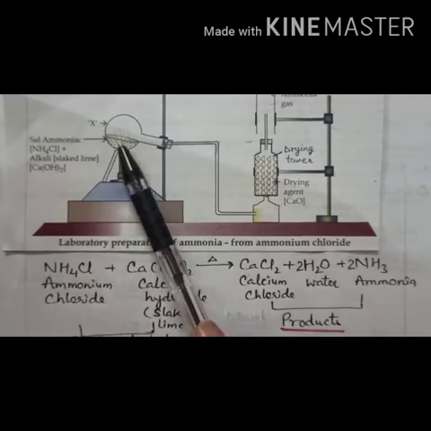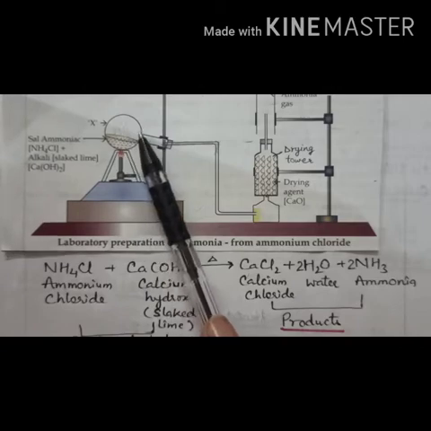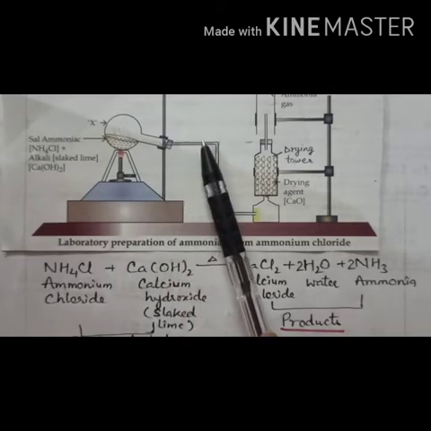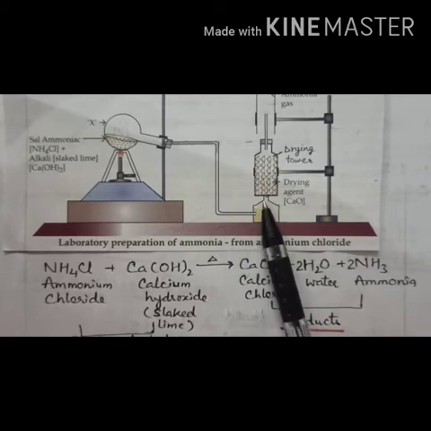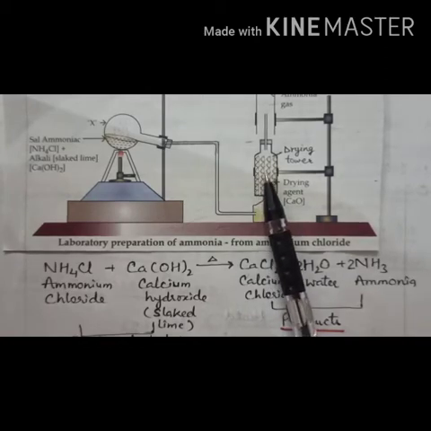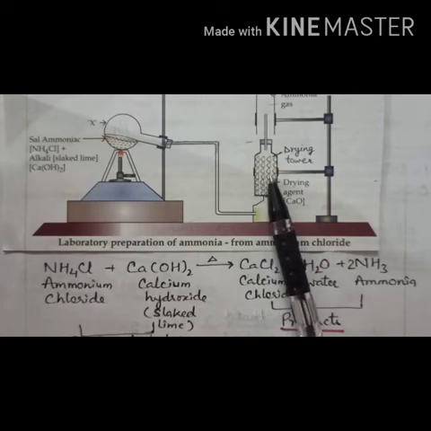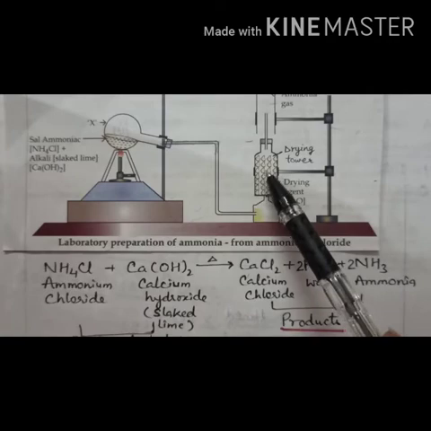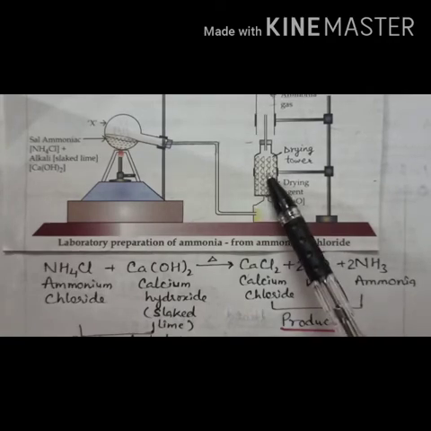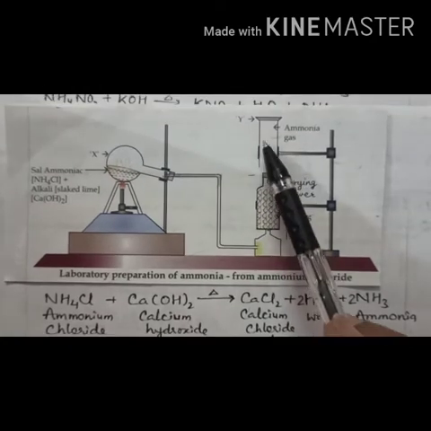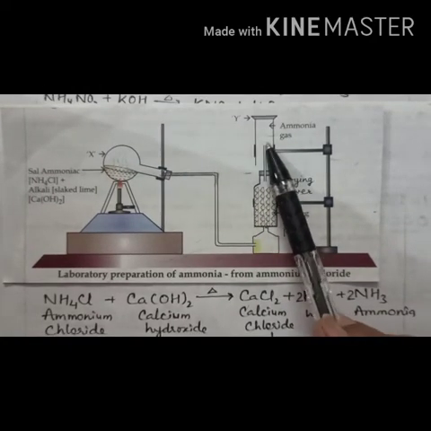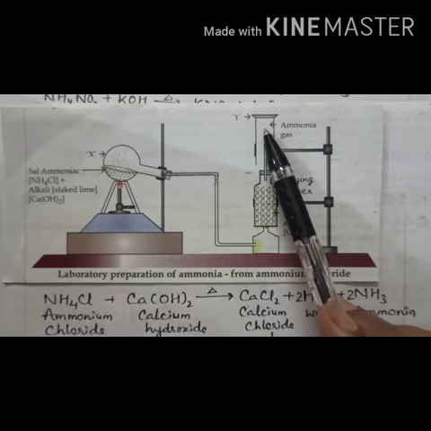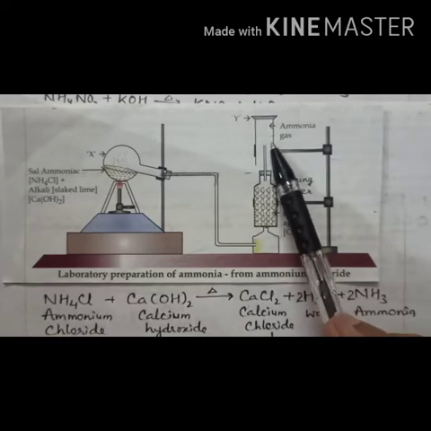Now the salt remains in the round bottom flask, and water vapors and ammonia gas reach the drying tower through this delivery tube. First it reaches the drying tower. Why? To remove the water vapors, to dry the gas. Then it is collected by which method? Upward or downward? It is downward displacement of air.